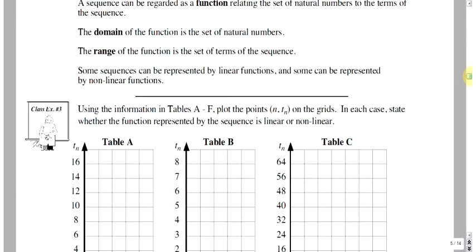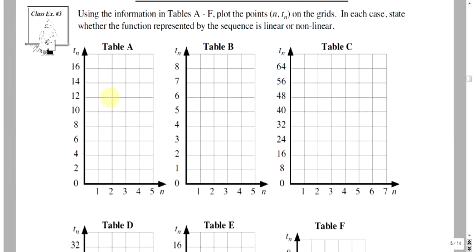Okay, let's just plot 2 of these. We're not going to plot them all. Just look at table A again. On the top it was 1, 2, 3, 4, 5. The numbers in the bottom were 3, 6, 9, 12, 15, right? So 1 was 3, 2 was 6, 3 was 9, 4 was 12, 5 was 15.